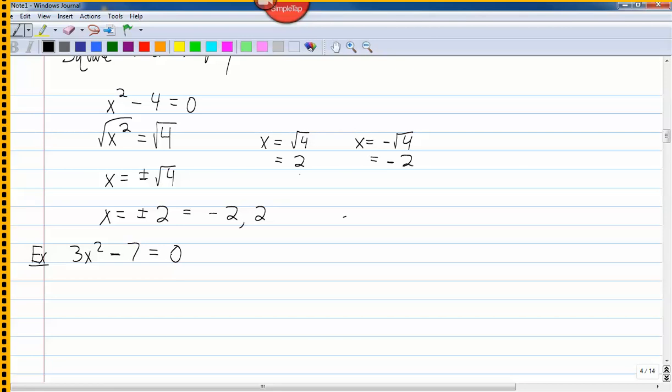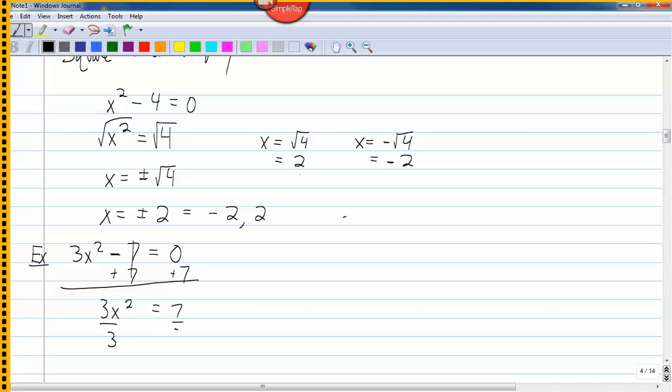Alright, so if I wanted to work this out using the square root property, probably not the best method, but I can work it out using the square root property. I need to first get my x squared by itself. So add 7 to both sides. So I have 3x squared equals 7. Divide both sides by 3. So I have x squared equals 7/3.